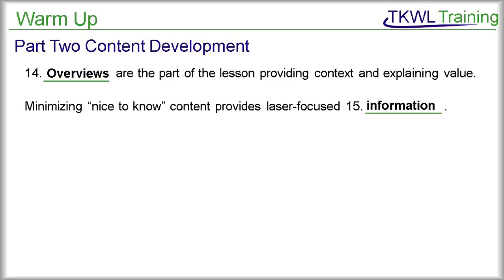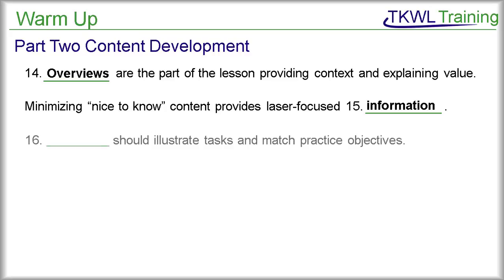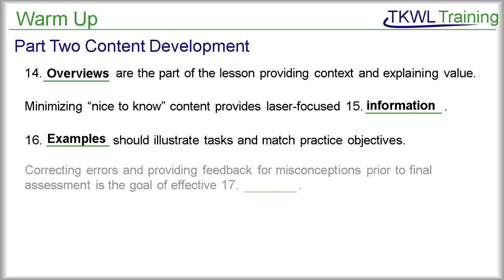Information remains that focus on exactly what skill or content is being taught and avoids adding in nice-to-know information outside of the need-to-know we require. Examples should be worked examples that allow a student to understand and see illustrated how an expert would do the objectives.